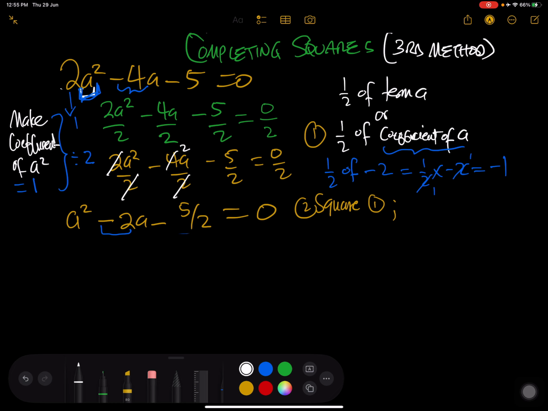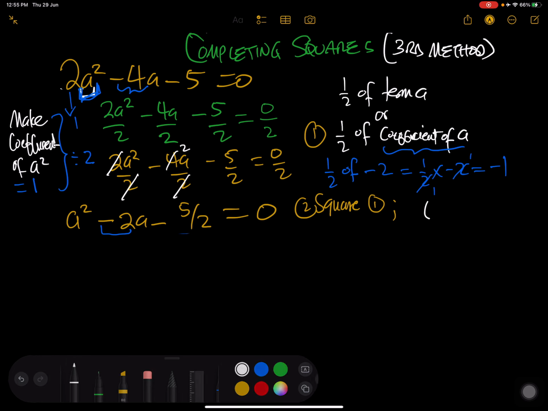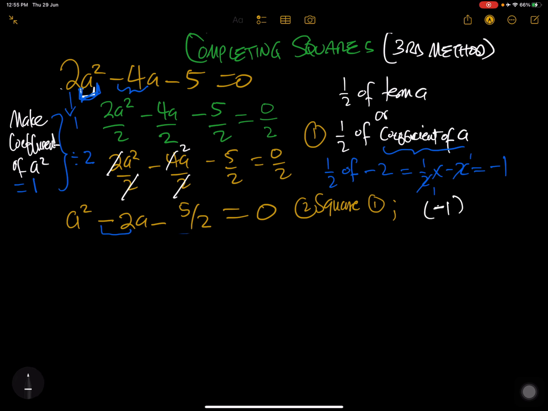What is our step 1? It is negative 1, what we got from this step. To square it, it's negative 1 times negative 1, which is plus 1, or 1. So squaring that, we get 1. But when we took just half of the coefficient of a, we got this. So don't forget, half of the coefficient of a was negative 1.